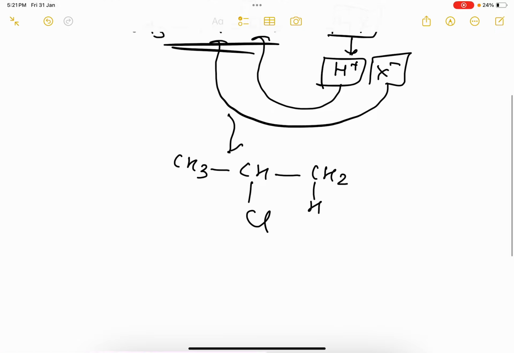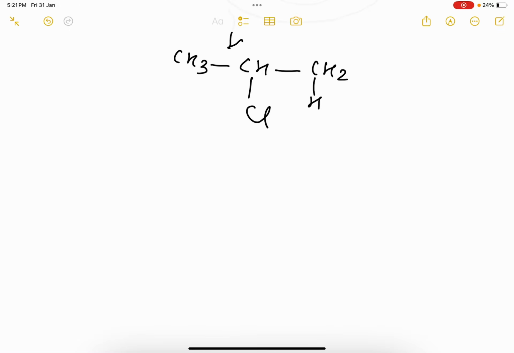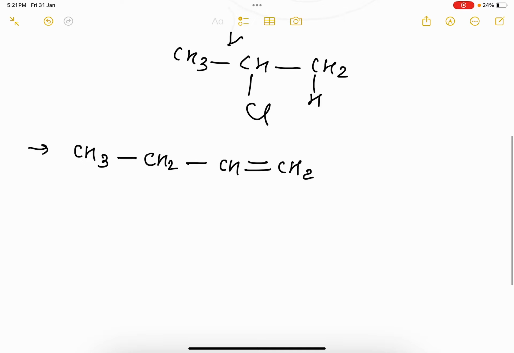You have to follow the instruction about the Markovnikov rule. If we are going to talk about CH3-CH2-CH=CH2, this is an unsaturated unsymmetrical alkene and we have to add HBr.